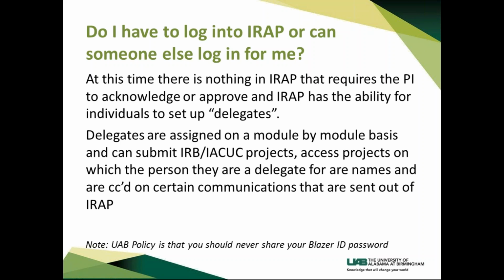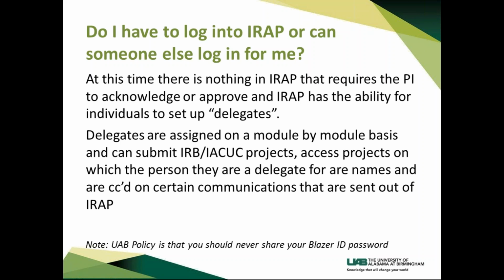But what IRAP allows you to do is, as the investigator, to name delegates. And these individuals can log into the system and do things on your behalf. Now, at this point, they can submit protocols for you, they can view documents for you, they can track things for you. We currently don't have anything in the system that requires the PI to actually sign off on something, because, for example, the OSP checklist and for IRB, we still have a wet signature that gets uploaded into the system.